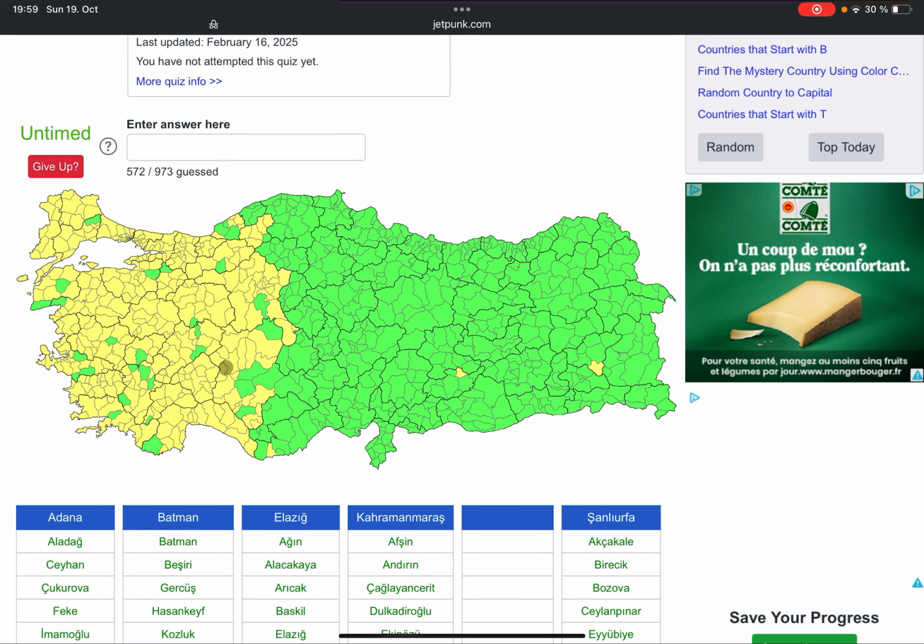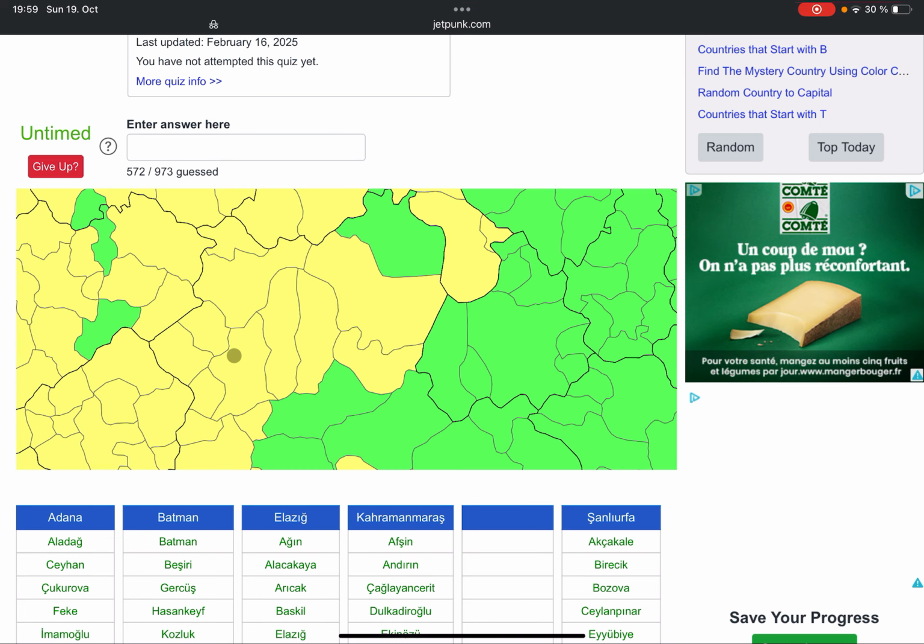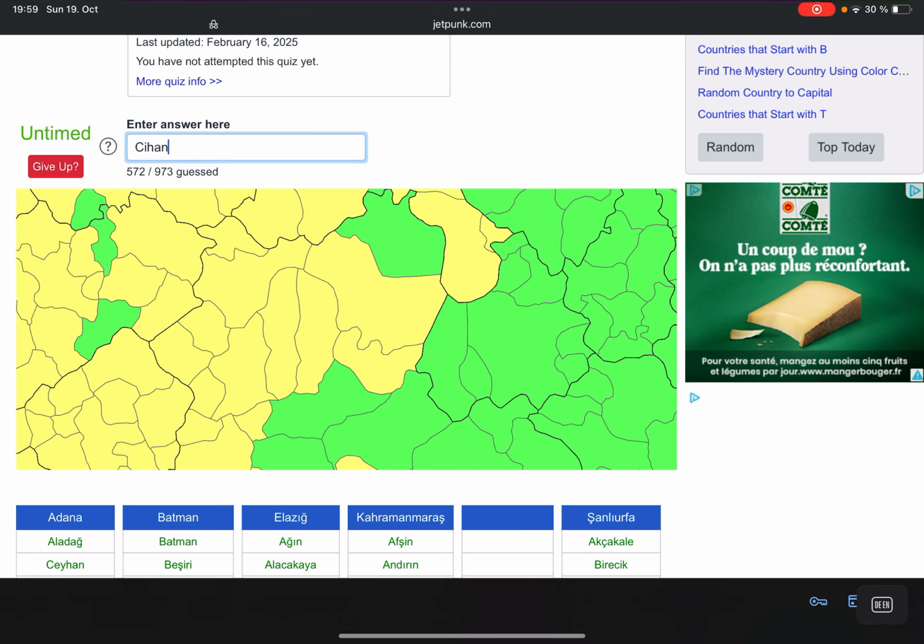Alright, so here we already named the district of Kulu, right here, and south of that we have Cihanbeyli, Karatay, not Karatay, Akınözü, I think. No. Is it not Akinözü? Or Ekinözü?